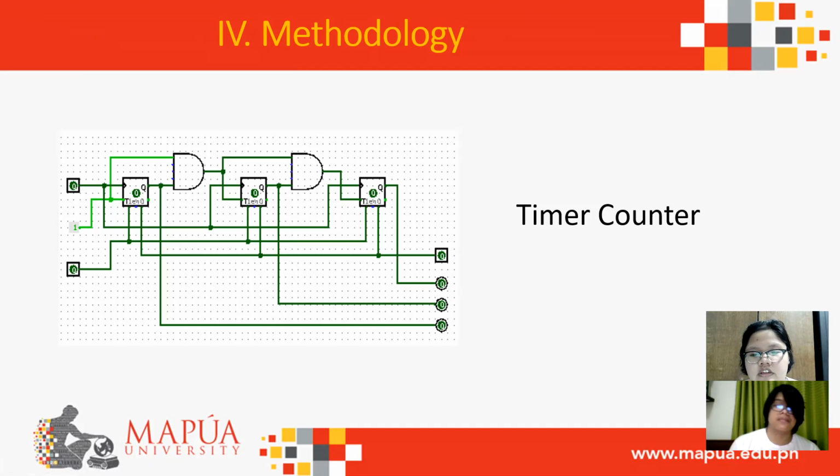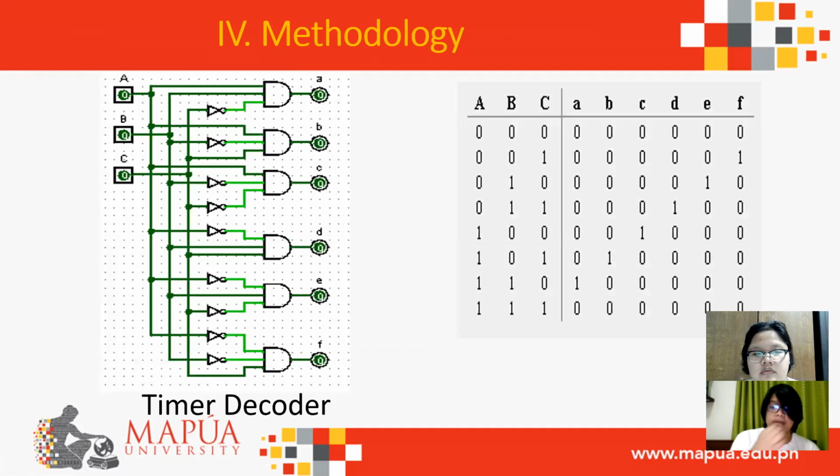Next. So here is the truth table for the timer decoder. We also needed a decoder for our timer, to decode the binary inputs from the T flip-flops for the timer itself, so that we will be able to proceed to the next step of our elevator system.